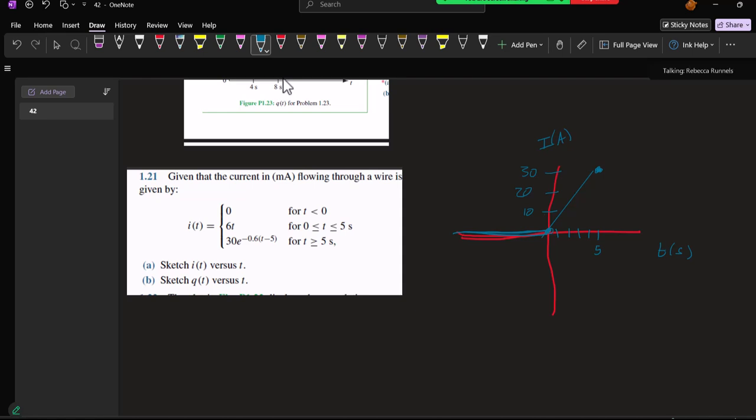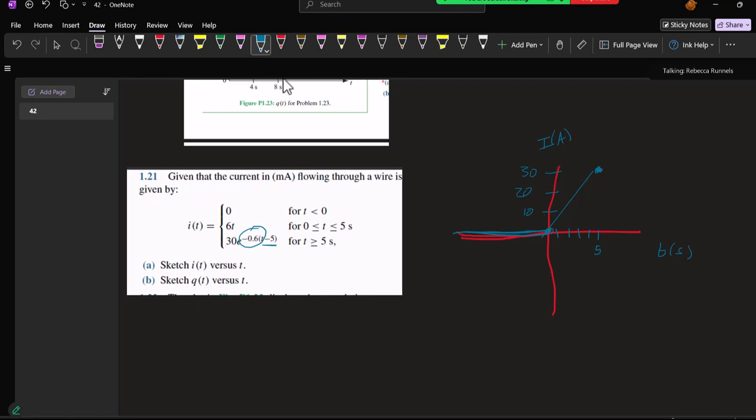And then for t greater than 5, I have an exponential function with a negative exponent, and that tells me it's decaying down to 0, because if you go all the way to infinity, e to the negative infinity is 0. The t minus 5 tells me this is an exponential graph that's shifted to the right 5.